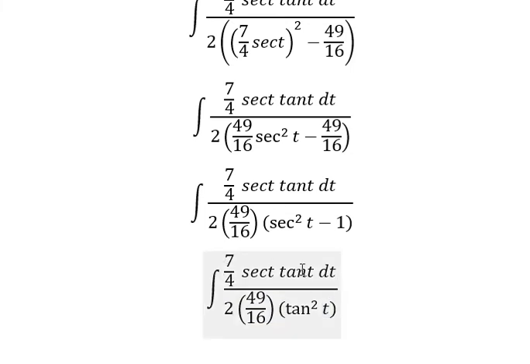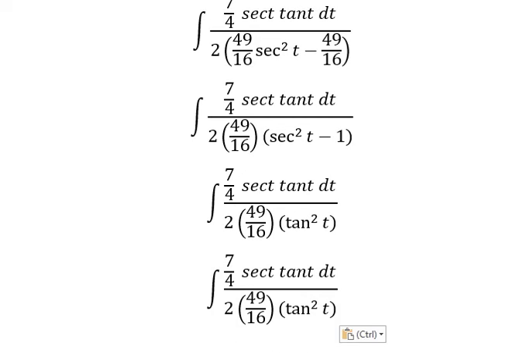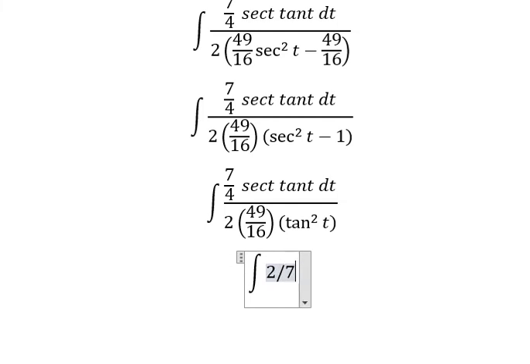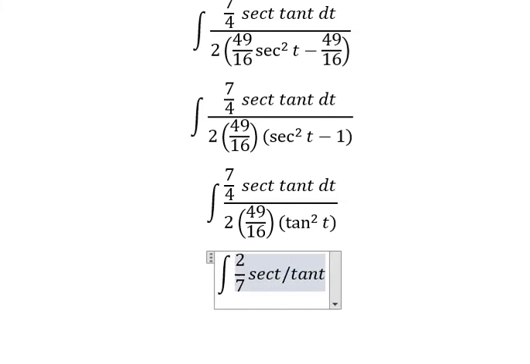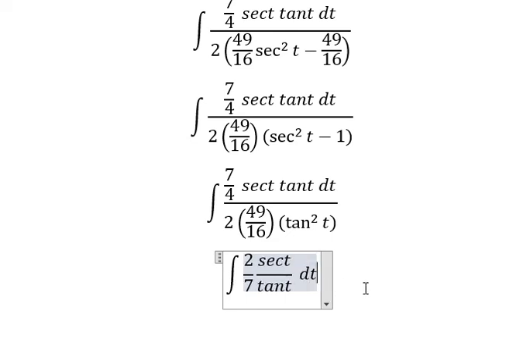Now we simplify tan t and the number in here. So we will get 2 over 7 secant of t over tan t, and we have dt.